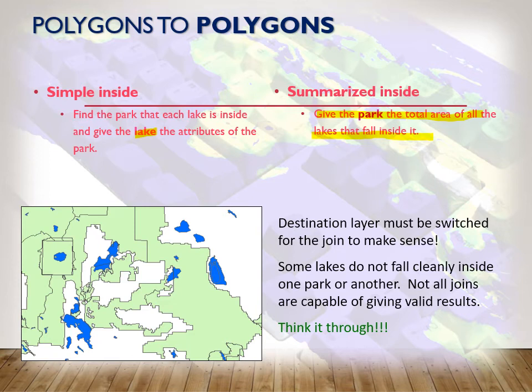So this may not actually work, because if we calculate the lakes within each park, and that lake isn't fully within the park, then we're going to get all of the lake that's both within and outside of the park. This is where Chapter 10 is going to be important when we deal with geoprocessing.